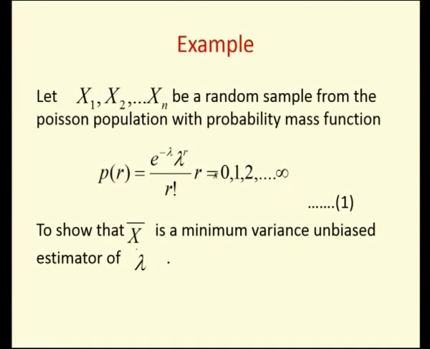Now, I want to show that x bar is the minimum variance unbiased estimator of lambda. So, given the probability mass function, my objective is to find the minimum variance unbiased estimator for lambda.